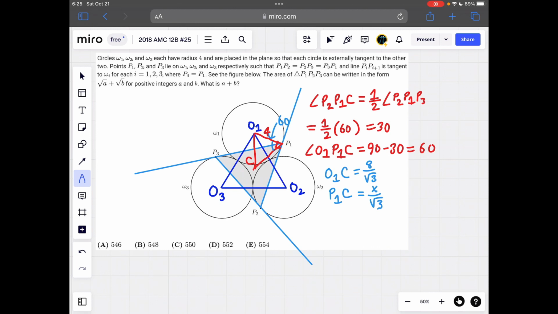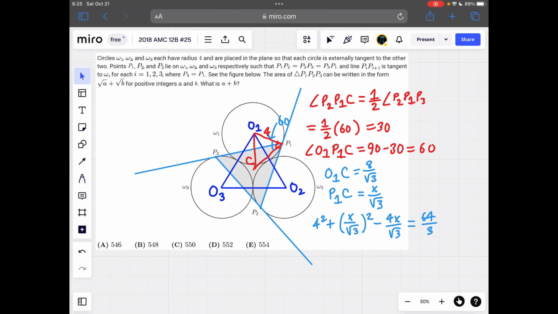So we have O1P1 squared, which is 4 squared, plus P1C squared, which is x over root 3 squared. If it's a 60-degree angle, we just do a squared plus b squared minus ab equals c squared. So minus 4x over root 3 is equal to 8 over root 3 squared, O1C squared. And that's equal to 64 over 3.